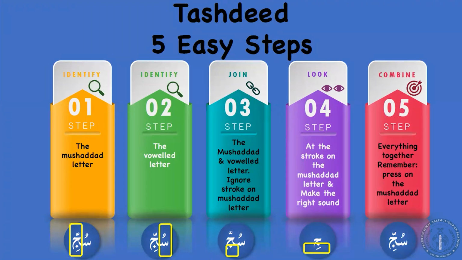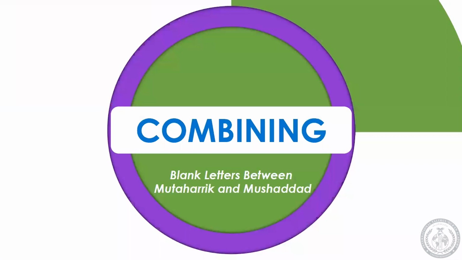So the sin, I would say as is. I will join it with the mushaddad letter and then make the sound of the kasra. So suji. And these are the 5 steps that you can simply follow to read a mushaddad letter or a mushaddad word.